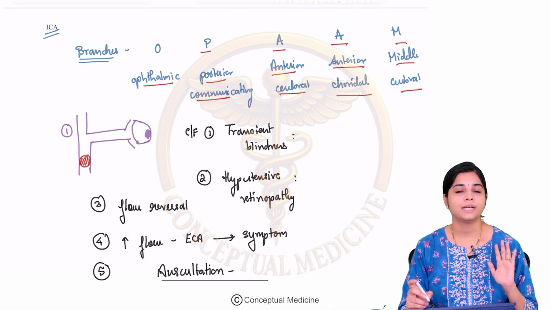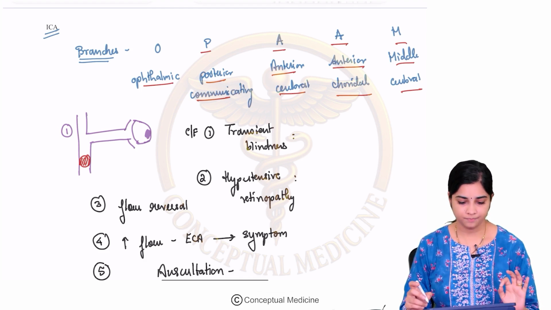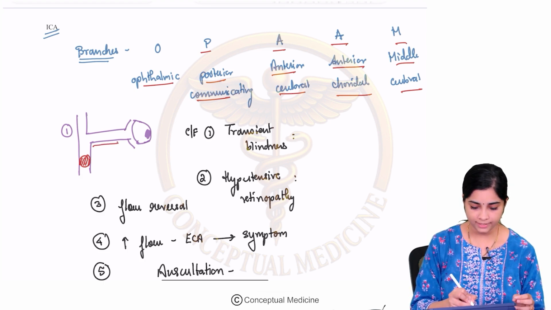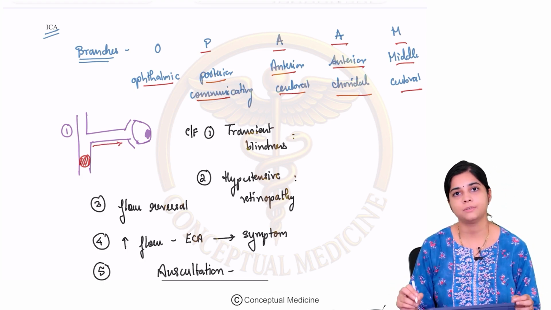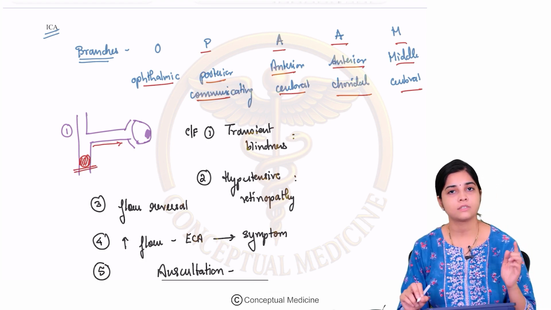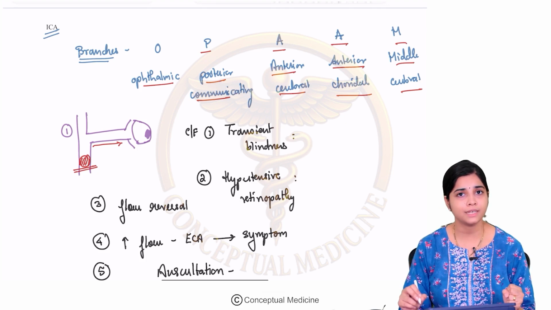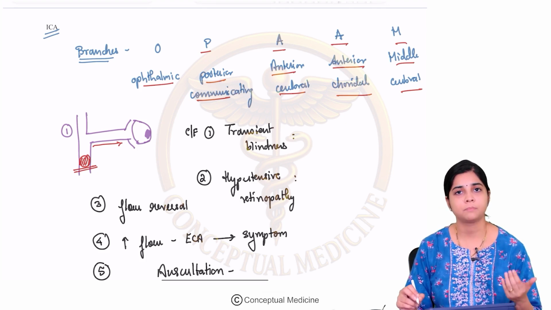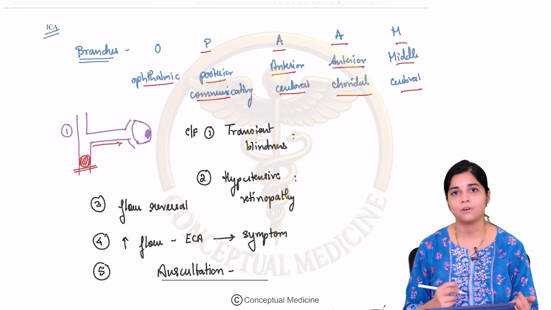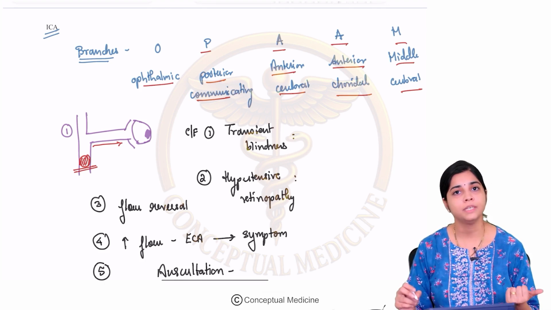So let us look at the symptoms with which they present. The first branch of the internal carotid artery is your ophthalmic artery, which is going to supply the retina. So if there is an obstruction here, a clot which has dislodged into your ICA, or an atherosclerotic plaque which has obstructed your ICA, then what will happen? In the ipsilateral ophthalmic artery, the flow will be reduced.